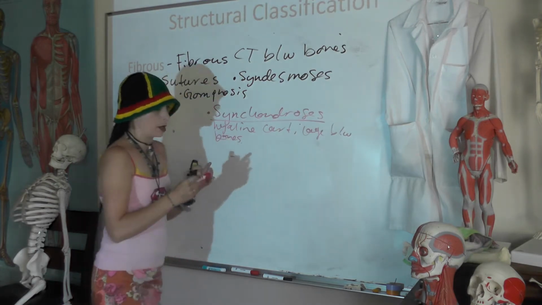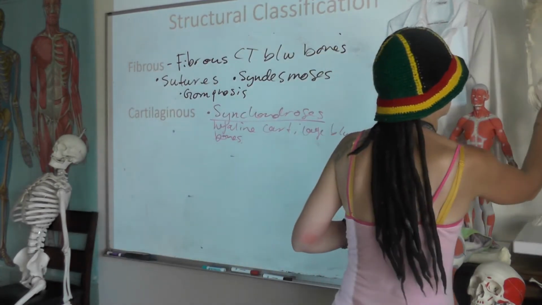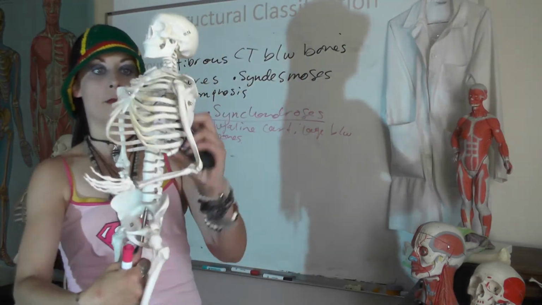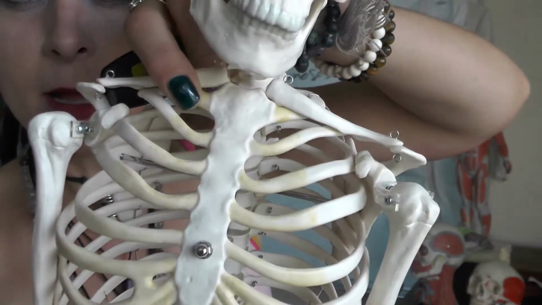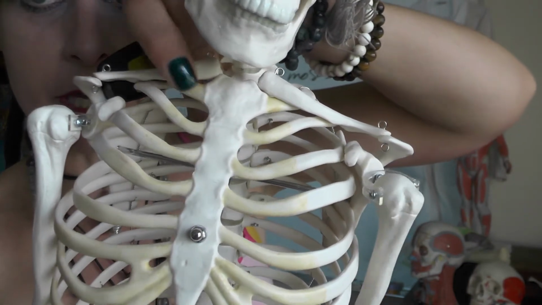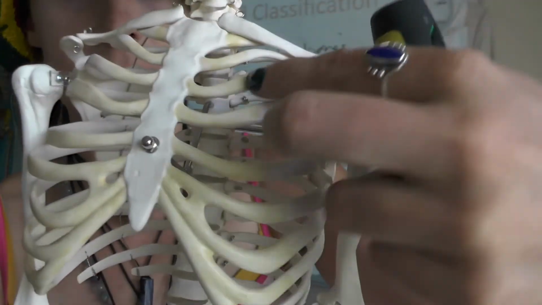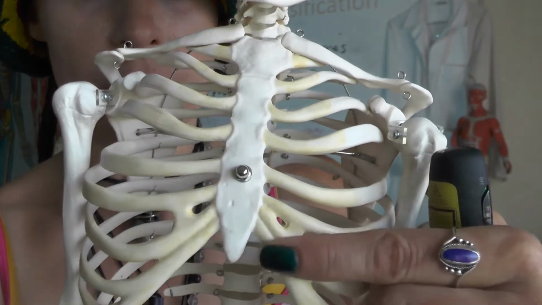A good example of this would be between true rib 1 and the manubrium of your sternum. That is a synchondrosis. All of the rest of these joints are synovial joints.